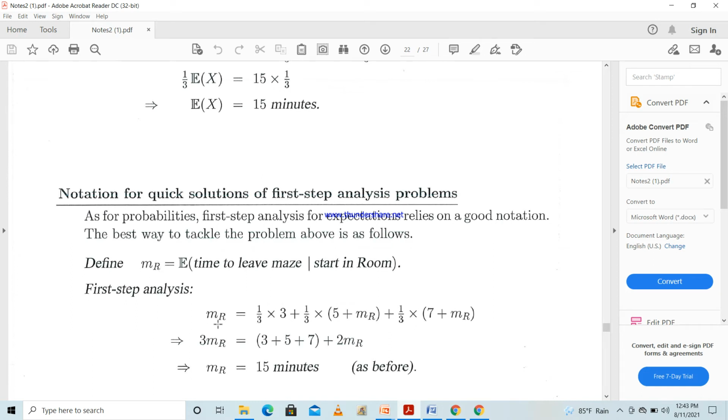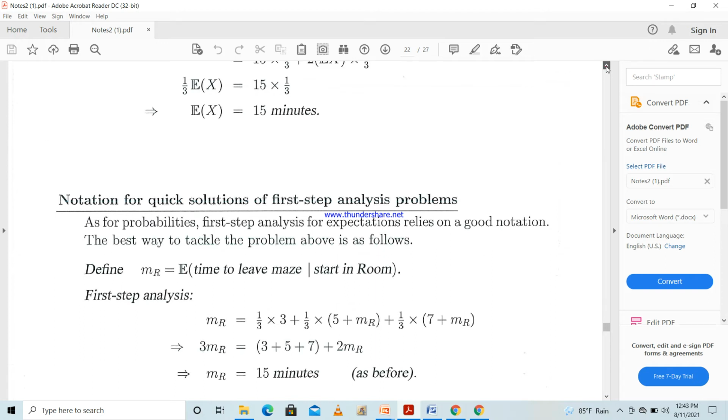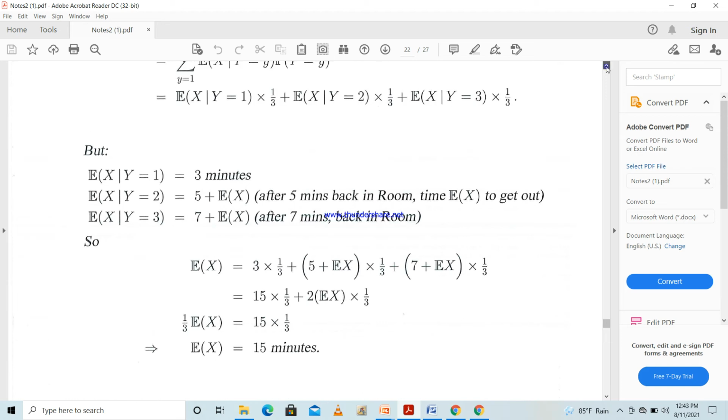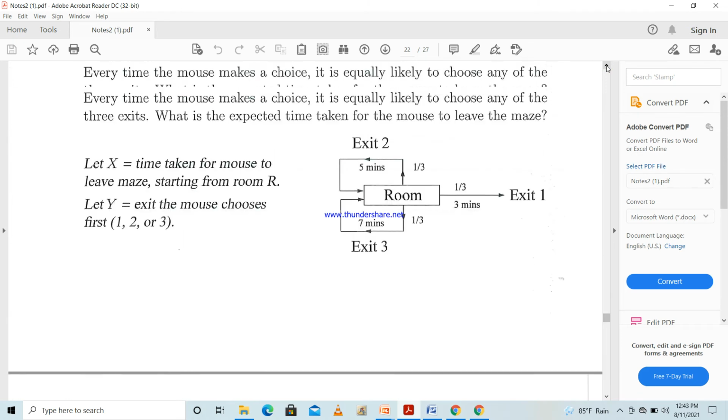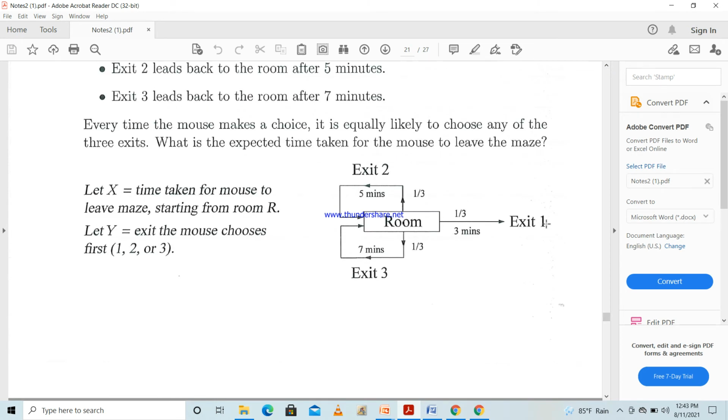So if we check the possible options in the first step, if you look at the diagram again, you can see the probability of taking the first path is 1 over 3. Based on this diagram, the probability of taking any path is the same.